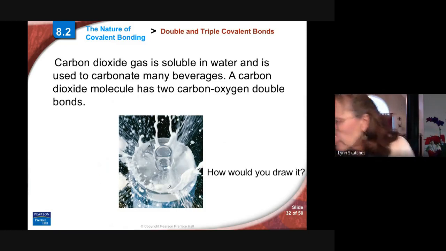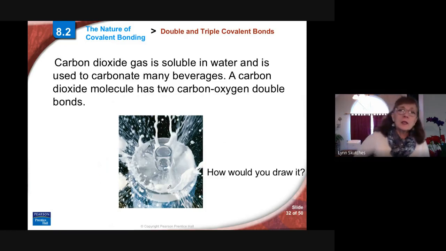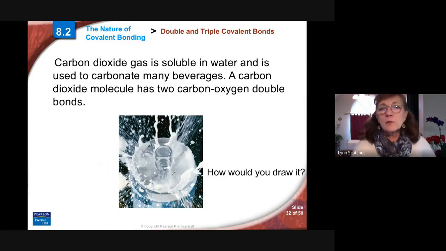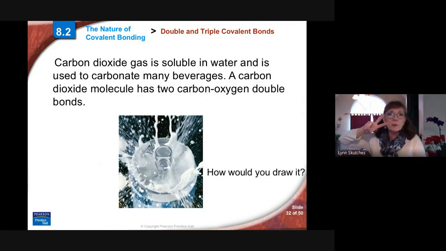When you put carbon dioxide into sodas for the fizz, some people like it, some people don't. It can be highly explosive if you shake up your soda cans. But it is a gas, and any carbonated beverage is usually packaged at about 2 atmospheres of pressure.